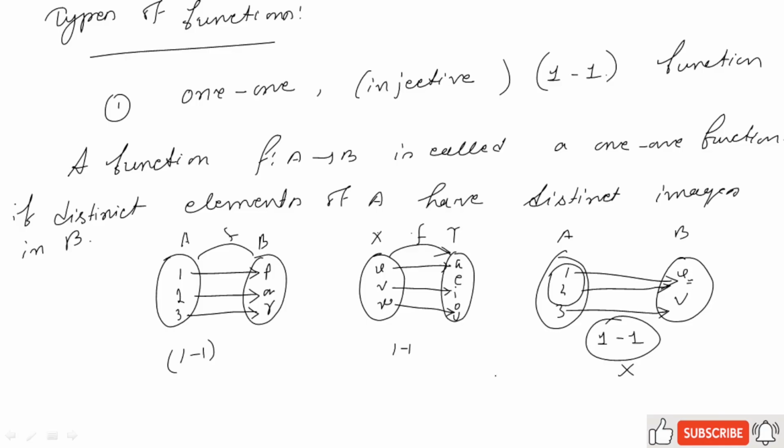If I have asked the pre-image of u, then you need to write 1 and 2. So according to the definition we need only a single pre-image in set A.